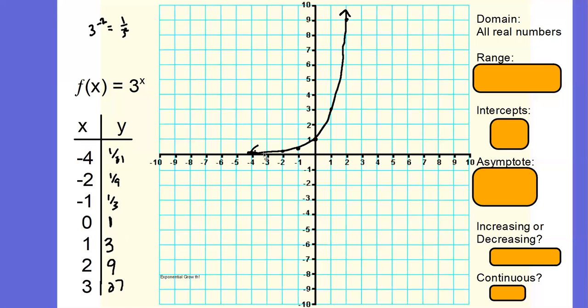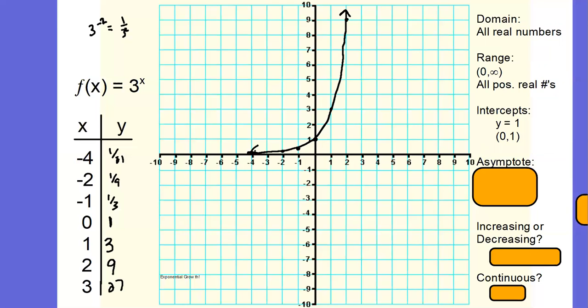So I basically kind of hit a wall here, so I'm never going to drop below this x-axis. My range is going to be basically the set of all positive real numbers, or in interval notation, everything from 0 to infinity. Intercepts. I'm never crossing the x-axis, so there is no x-intercept, but there is a y-intercept right here at the point 0, 1. So I have that one y-intercept.